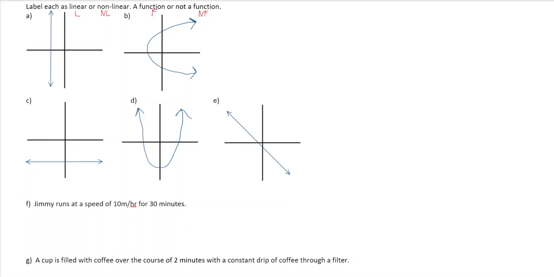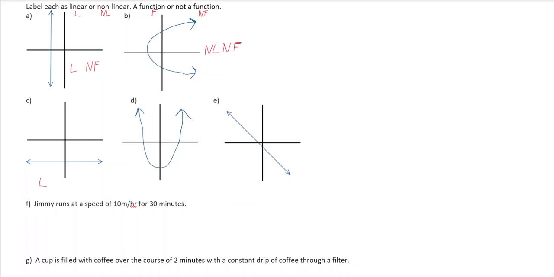So this first one, A, is linear but not a function. The second one is nonlinear and not a function. How do you know something's a function? Go back to the last video to check, but basically vertical line test is what you need to do here. Okay, and it's nonlinear because it's not a straight line.